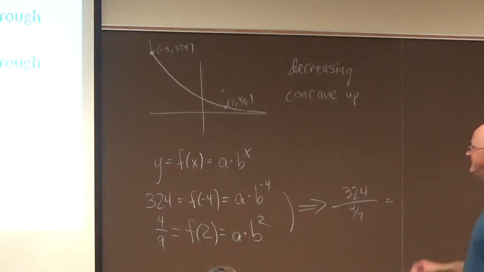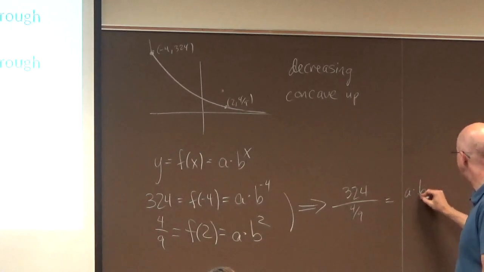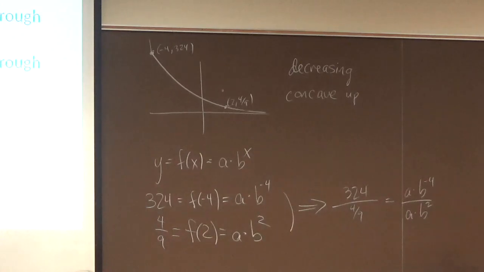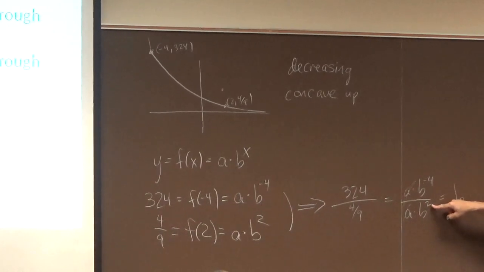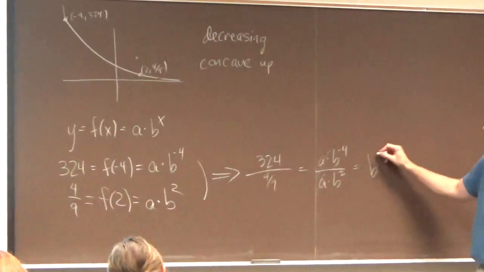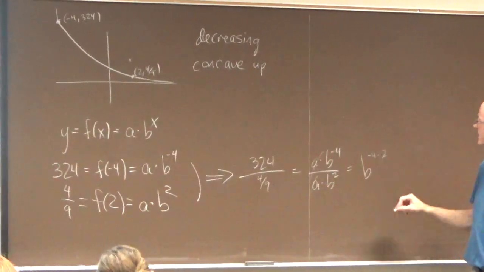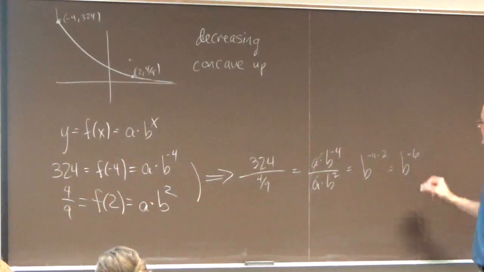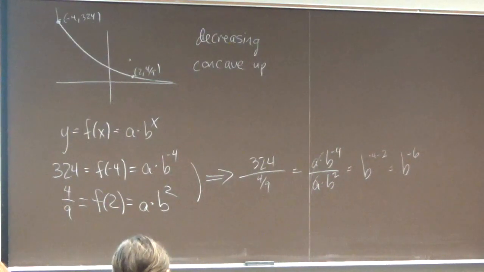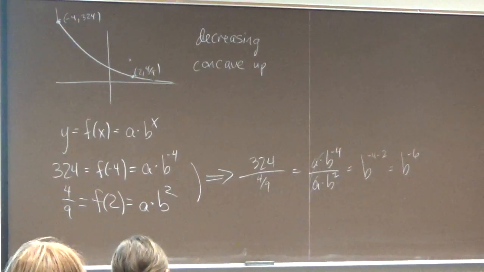And on the right side, you'll get a times b to the -4 divided by a times b squared. The a's completely cancel. And with these exponents, when you've got a b to a power up top and a b to another power down the bottom, you can write it as b to a power where you subtract the exponents, -4 minus 2, b to the -6. There's a negative power there. Haven't made any mistake, hopefully. That's the right answer so far.